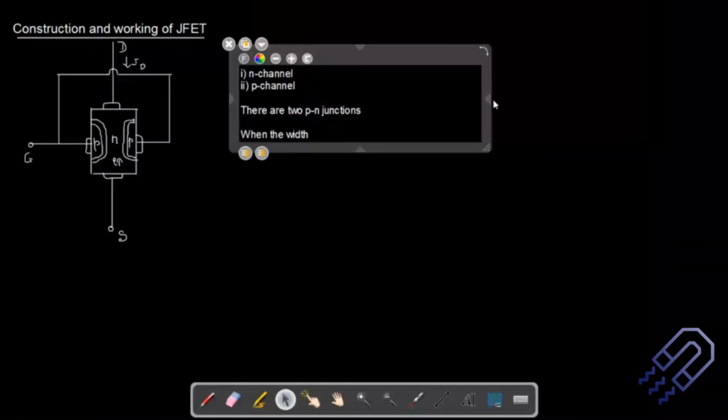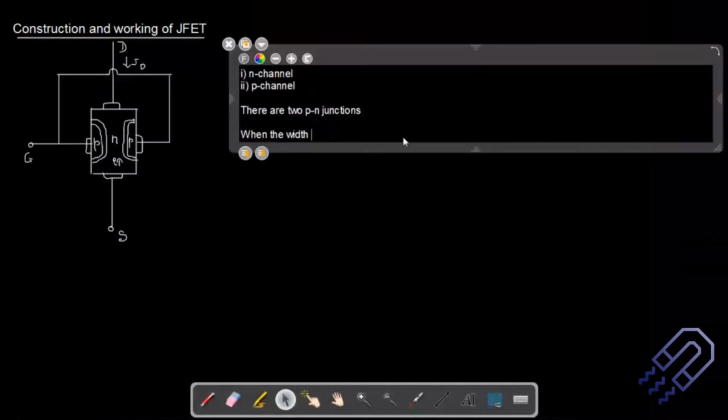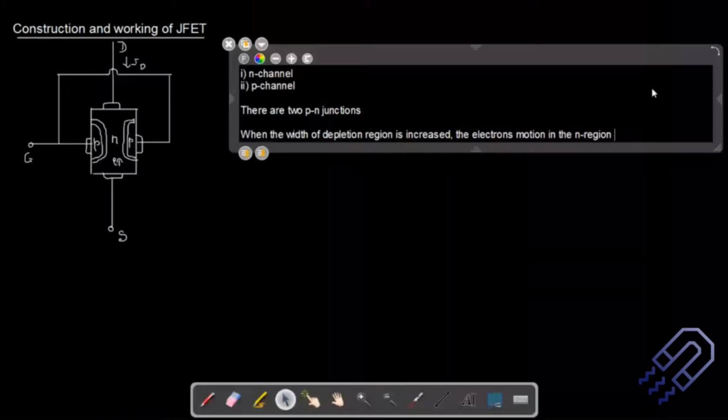I've already told you verbally, but I'll give you some sentences which are important. When the width of the depletion region is increased, the electrons' motion in the N region is obstructed. I think this is quite simple.